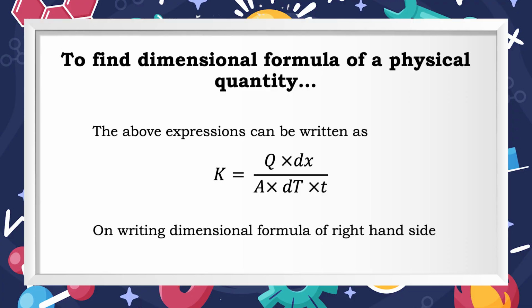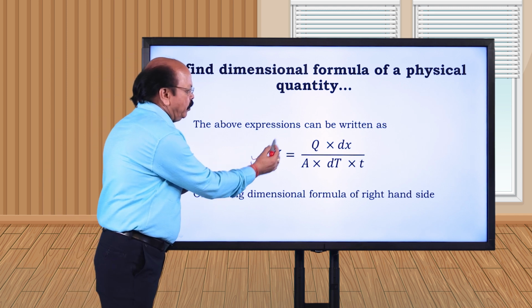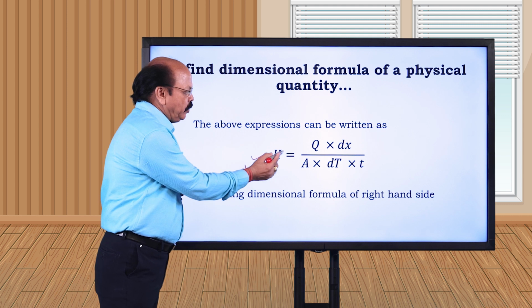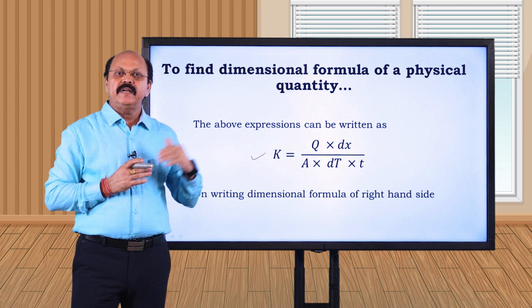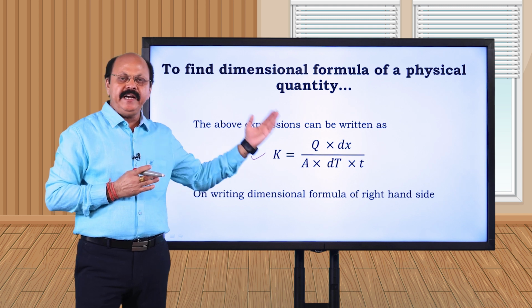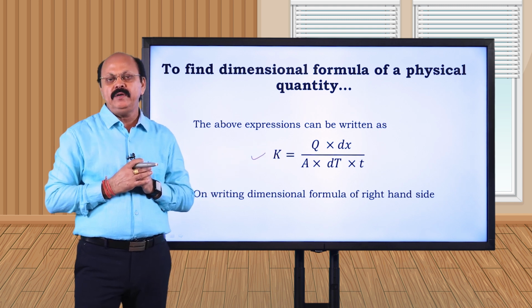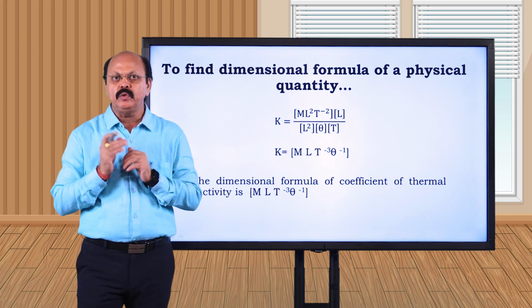Now, we have to find the dimensional formula of coefficient of thermal conductivity. The above expression can be written as K equal to Q into dx divided by A into dT into t. Now, we have to write the dimensional formula of the right hand side. By substituting all these dimensional formulas in the right hand side, we can find the coefficient of thermal conductivity. Here Q is the heat energy, which has the same dimensional formula as work, that is [ML²T⁻²].